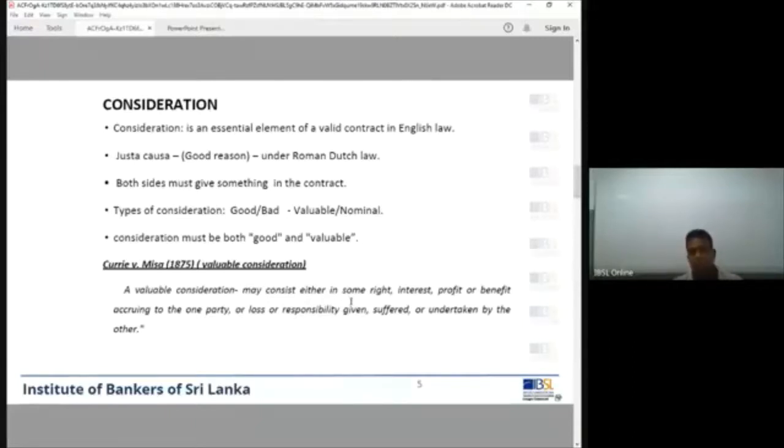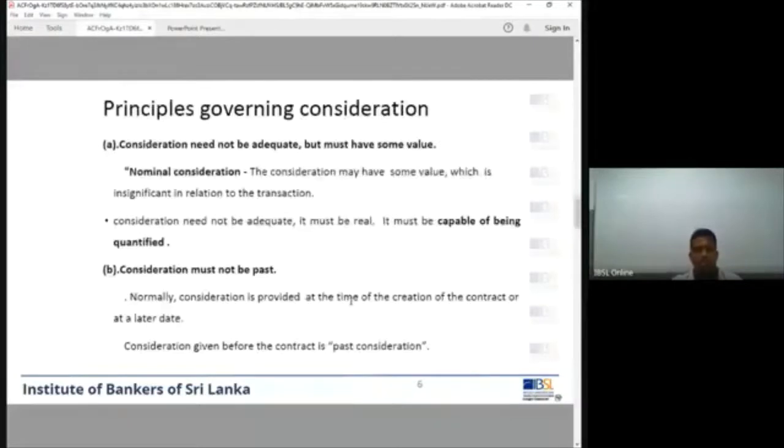That is about the consideration. Then the principles governing consideration. What are the principles applicable to consideration? Consideration need not be adequate, but must have some value. That is the first requirement of a valid consideration.